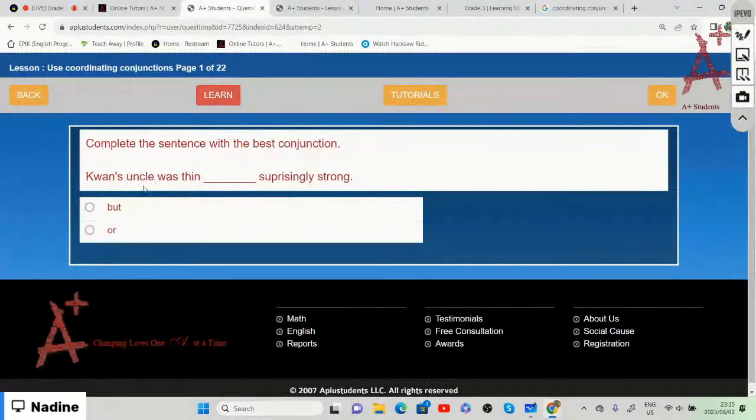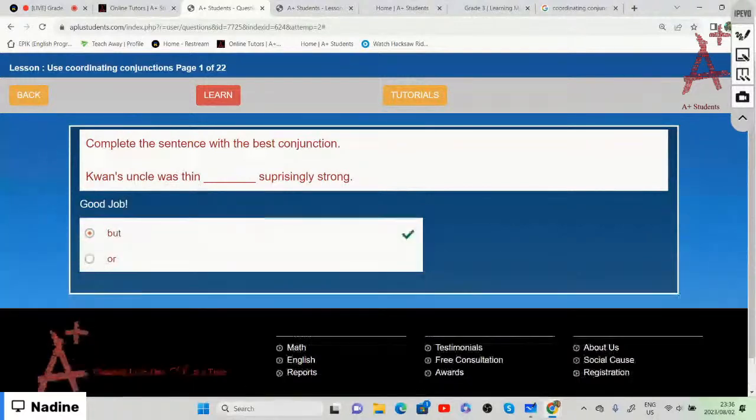So Kwan's uncle was thin, but or surprisingly strong. We're going to choose but. Kwan's uncle was thin, but surprisingly strong. As much as he was thin, he was quite strong.